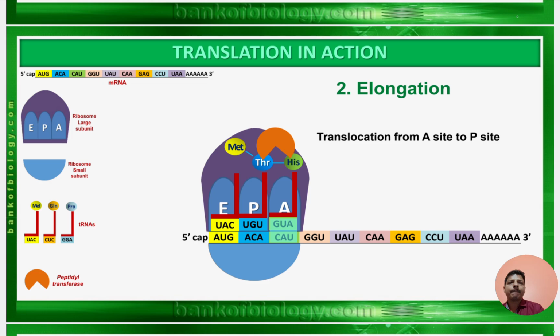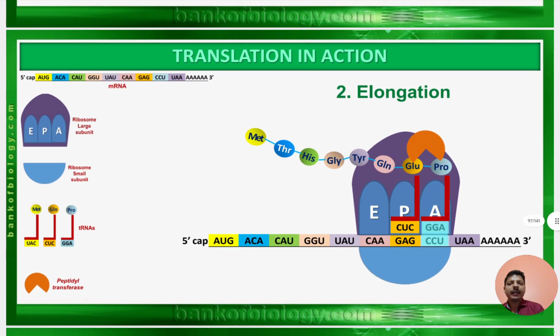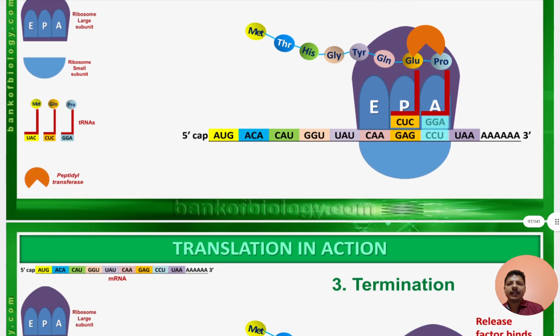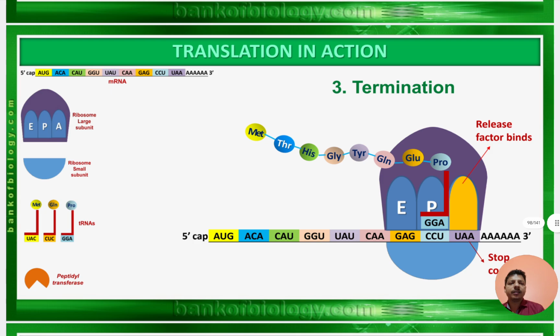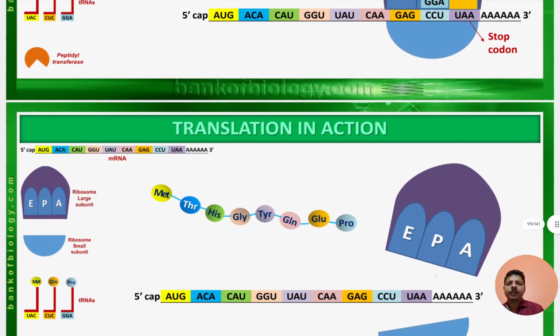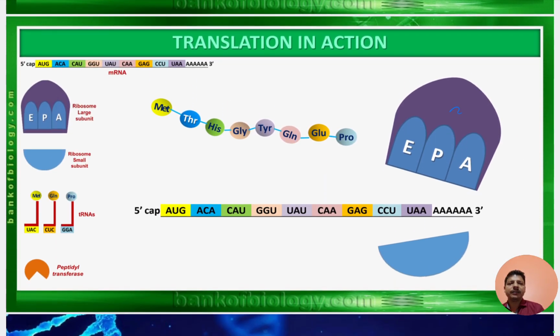Then in elongation, as you can see, this is formed and it started elongating. Then termination occurs: the stop codon is there, the releasing factor binds at the stop codon UAA and it breaks down. As you can see, the larger and smaller subunits of the ribosome break apart and the required RNA is formed.